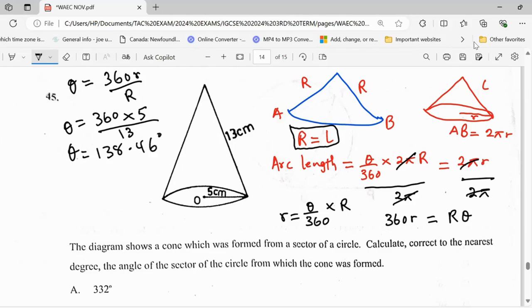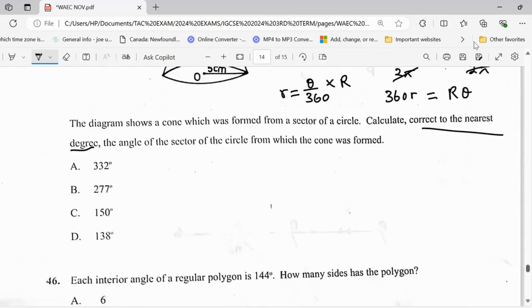But we are asked to correct our value to the nearest degree. So if you round this to the nearest degree, you're going to have theta equals 138 degrees. And we check through the options, we see that option D is 138 degrees. We'll mark it as the correct option.